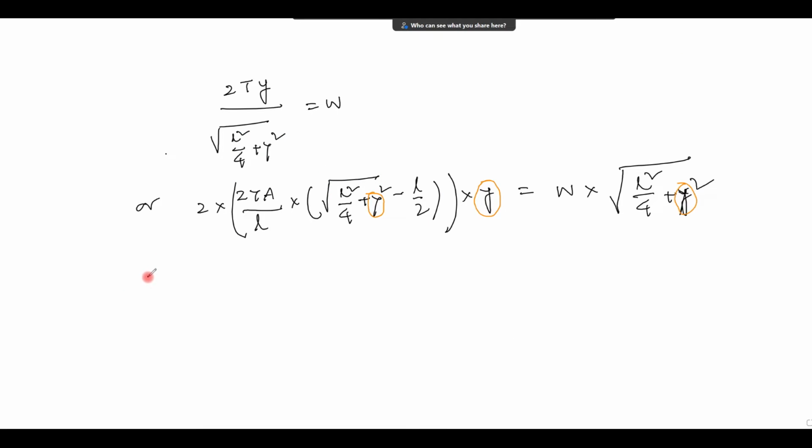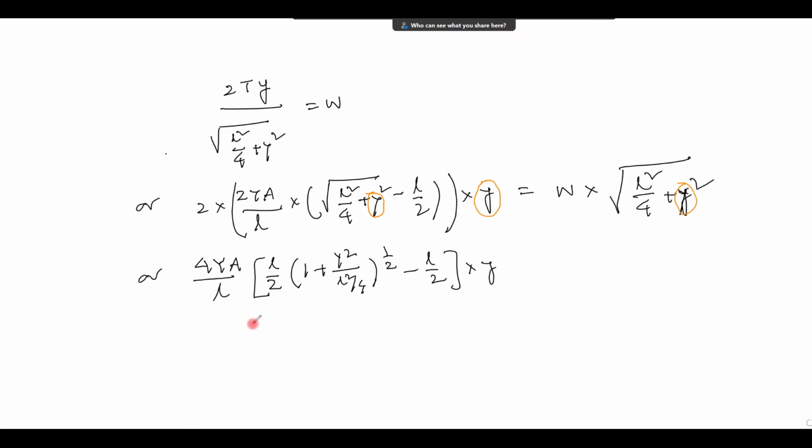This is 4YA by L into this. Take L square by 4 outside. When you take L square by 4 outside the root, it will be L by 2 into 1 plus y square by L square by 4, whole to the power half.